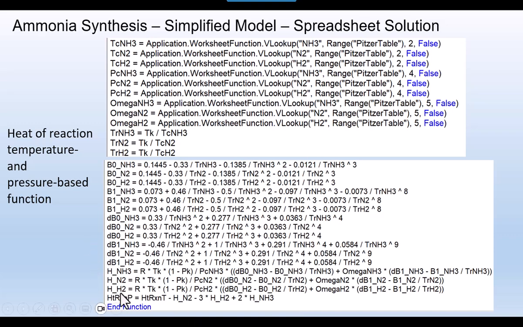And then there's the final down here, which combines the temperature only with the adjustments for pressure. So that is the VBA. And again, some of these calculations could have been worked out on the spreadsheet instead of using VBA, but in this case, VBA is a much more efficient way to approach this, okay?